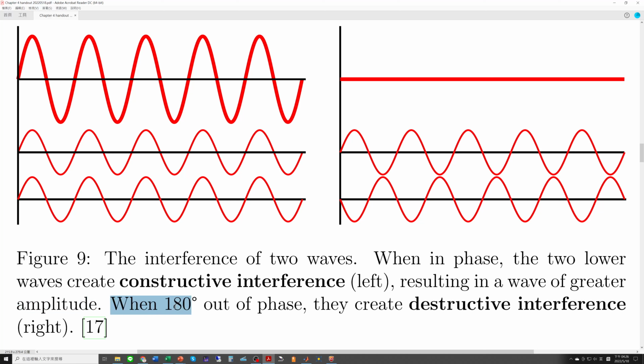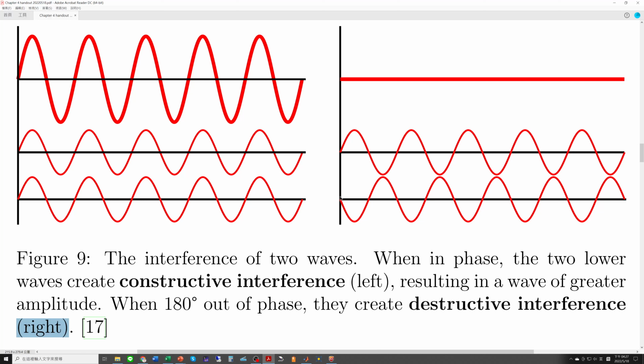When 180 degrees out of phase, they create destructive interference. We can see that this wave is like a sinusoidal wave, for example, sine of t.